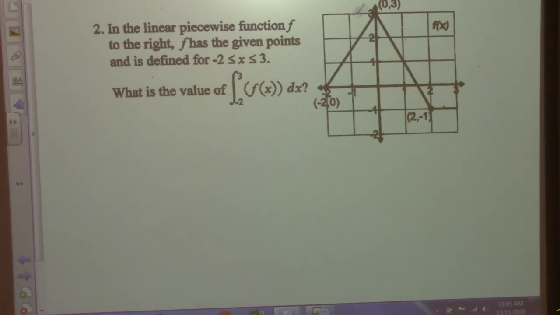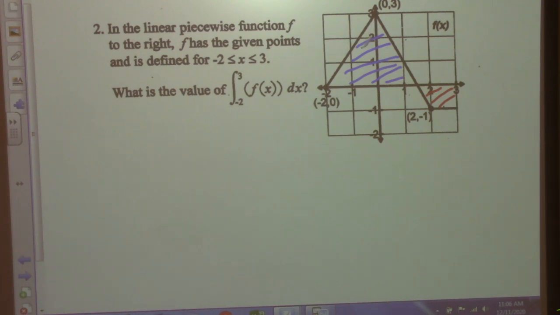What is going to be the integral here? It's going to be what minus what? Okay, it's going to be this area above the x-axis minus this area here.